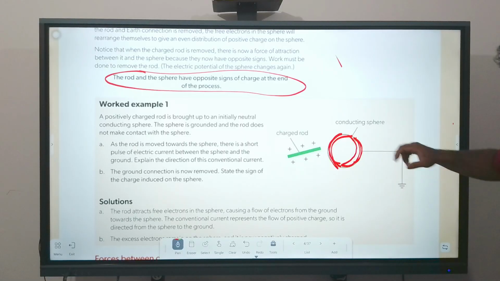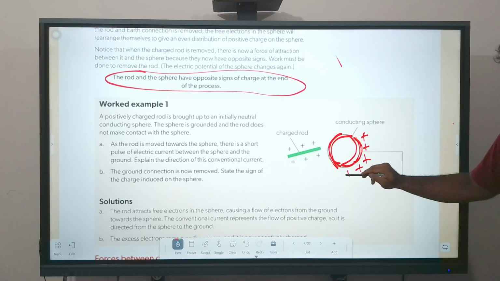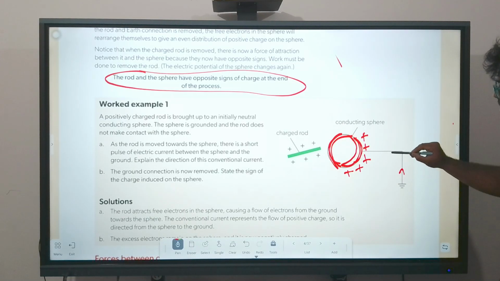What happens? Because there is positive charge concentrated on this side of the sphere, it started taking in electrons.